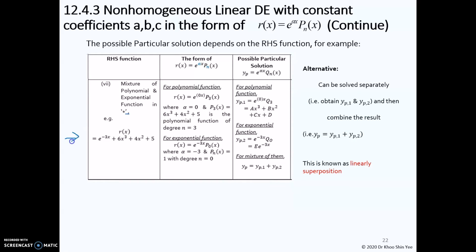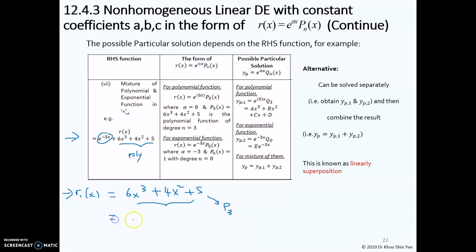In this example, you have the right side function equal to exponential function plus the polynomial function. Previously, we have learned that if the right side function is given in polynomial function only, based on this function, we know that the polynomial is in the degree of 3.